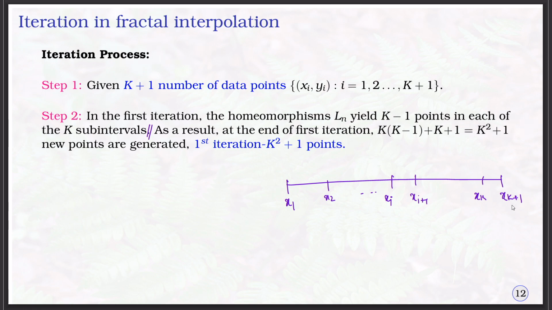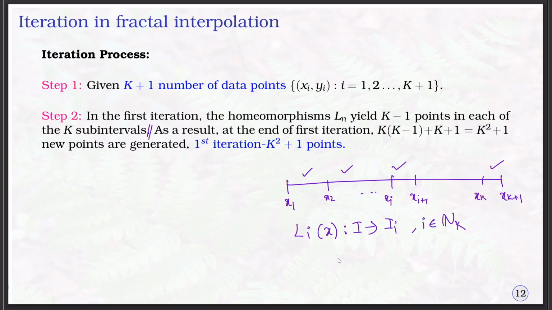Then how many Li do we need? Li is a function from I to Ii, where i belongs to N of k. We need one L for each interval. Since we have k plus 1 data points, we have k intervals, and for each interval we need the corresponding Li, so in total we have k number of Li mappings.